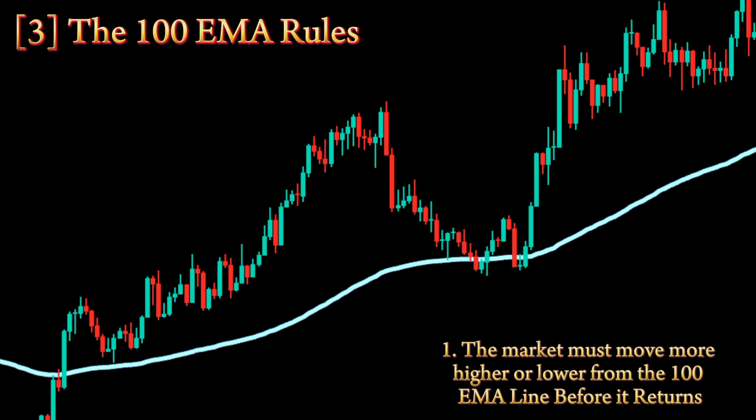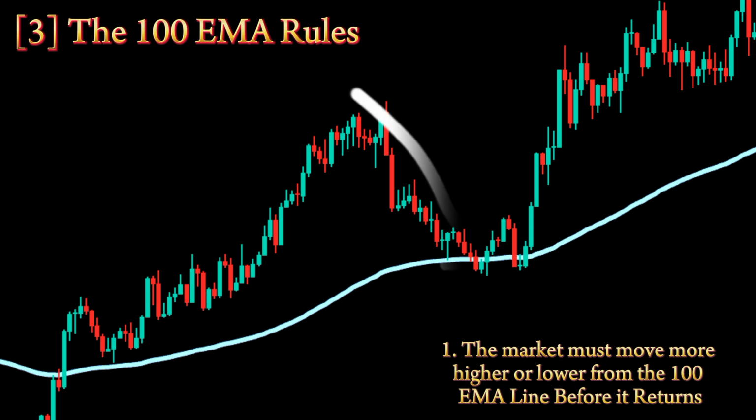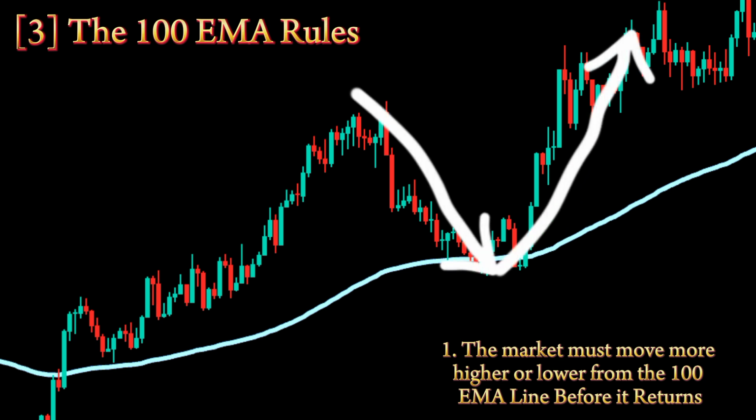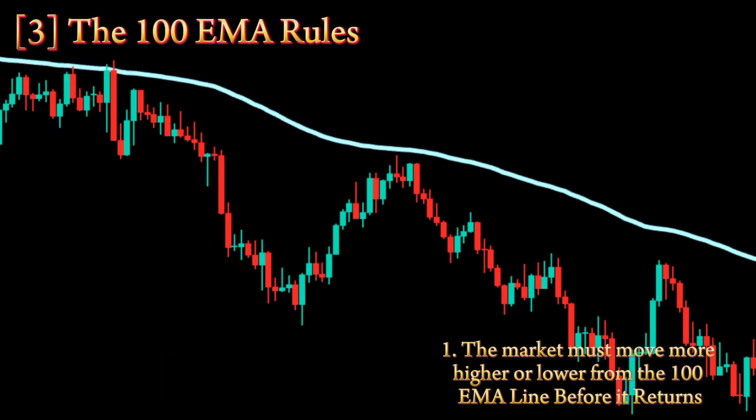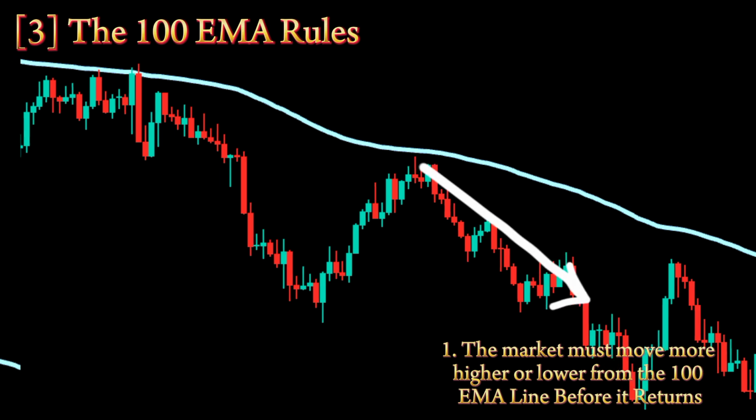But if you see price moving higher like this, there are more chances for it to return to the EMA and continue moving the price upwards. The same thing goes for a downtrend. It will help to keep moving the market downwards in the trend direction.